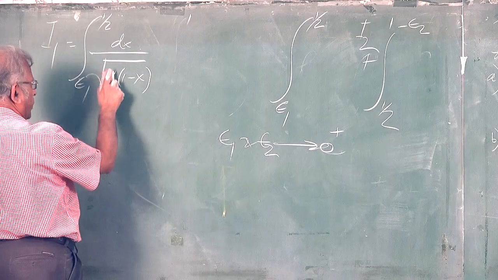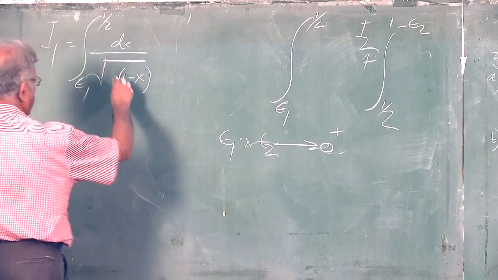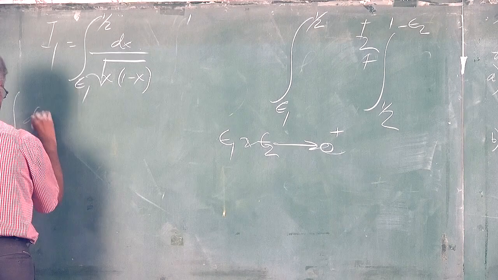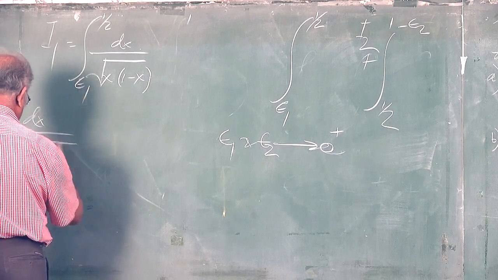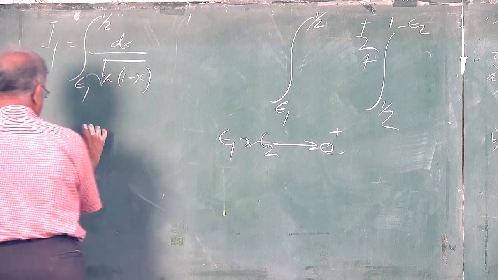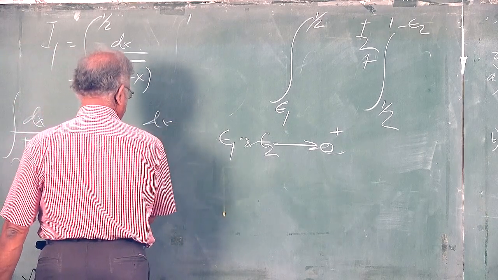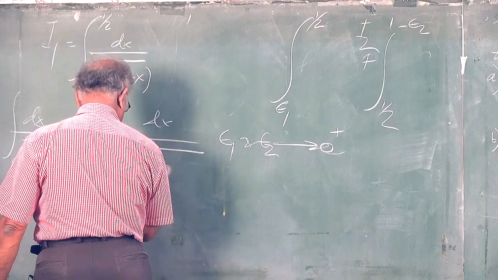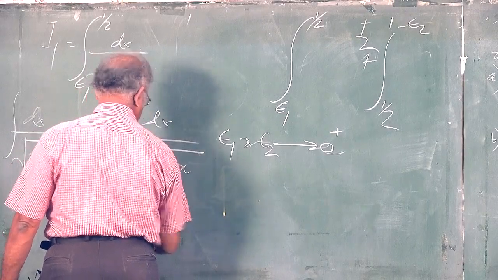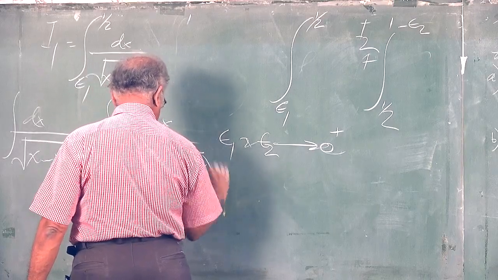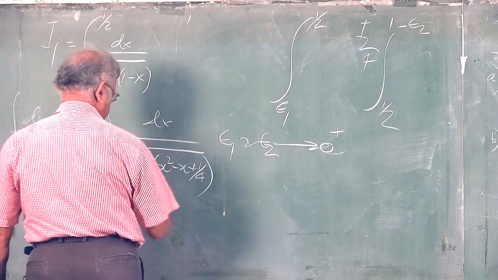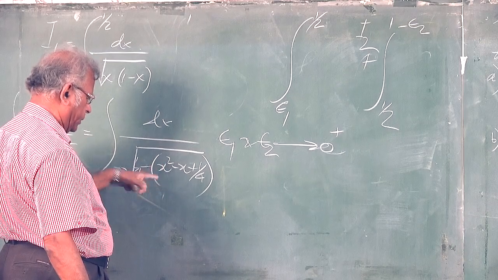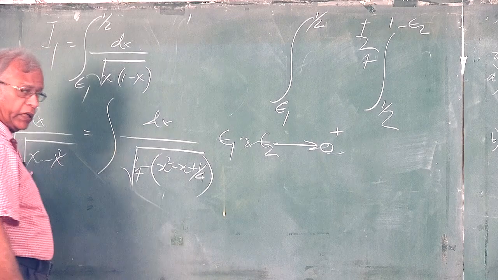The integral is dx over the square root of x minus x square, that is dx over the square root of minus x square minus x; we put a 1 by 4 inside and a 1 by 4 outside, so 1 by 4 minus 1 by 4 is 0, and we have x minus x square, which is exactly the integrand here.